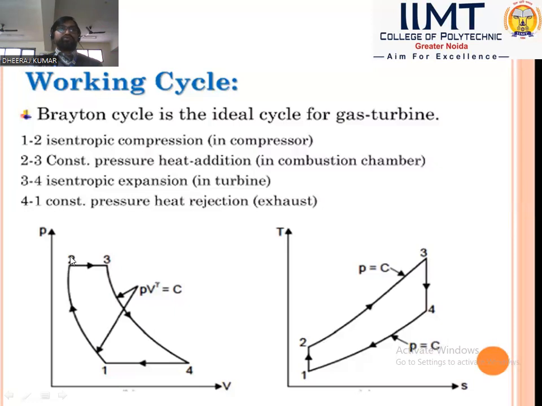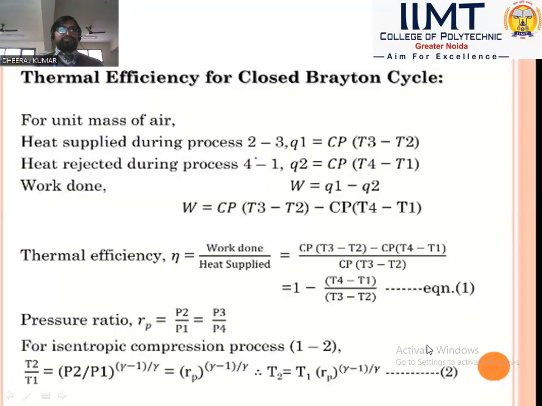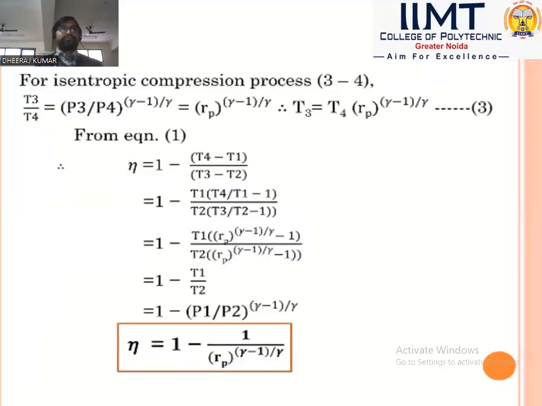So T2 upon T1 is equal to RP to the power (gamma minus 1) upon gamma. So T2 is equal to T1 times RP to the power (gamma minus 1) upon gamma.